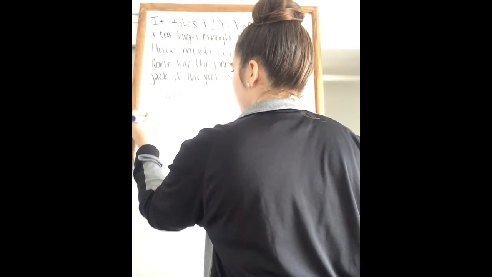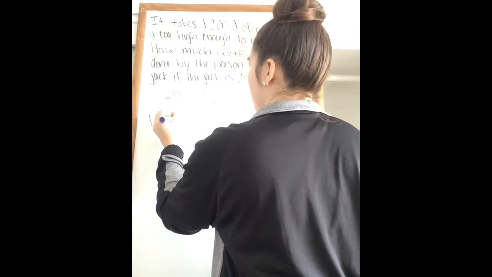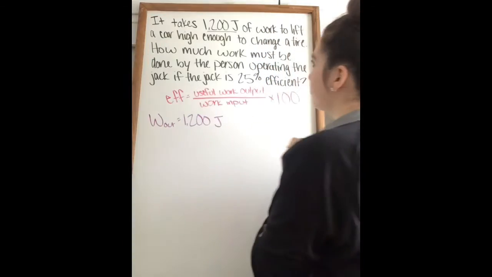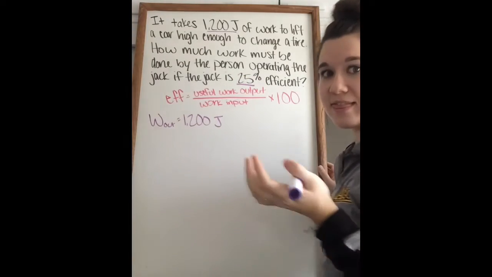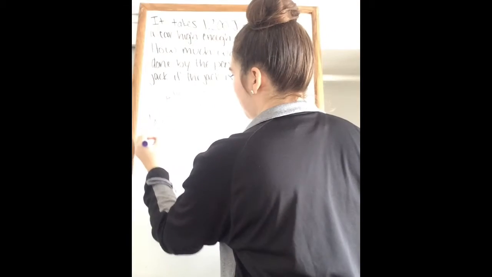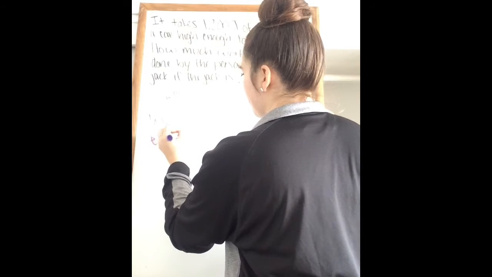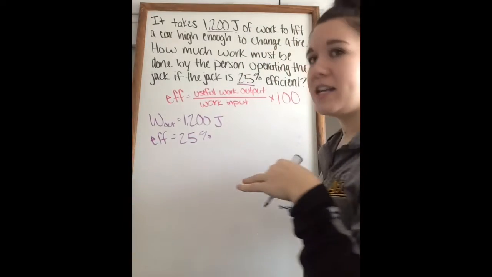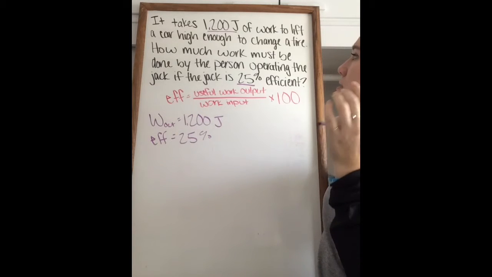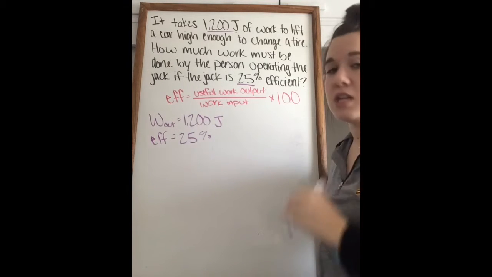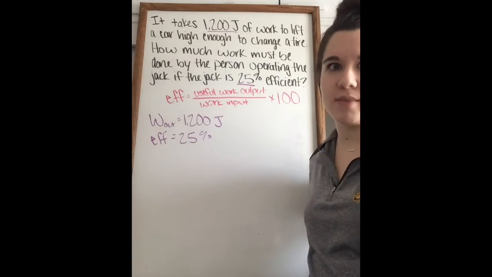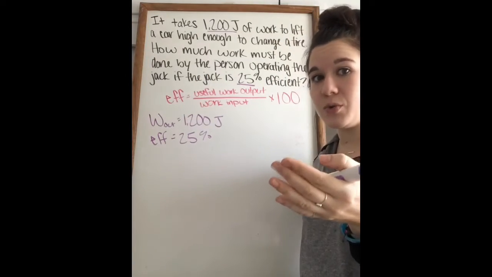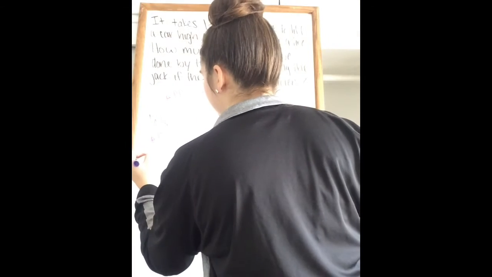So my work out is going to be 1,200 joules. Okay, 25%, that's my efficiency. And we're trying to find how much work the person needs to do, right? How much work must be done by the person. So if it's how much is done by the person, that's what you're putting into it, that's your input work.